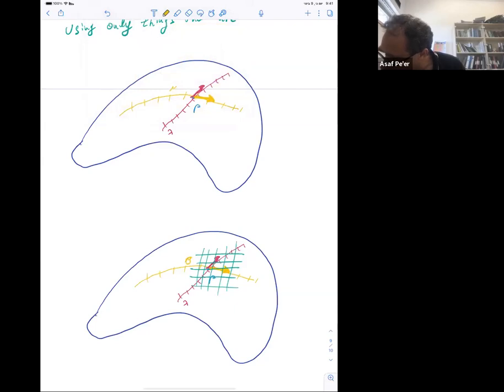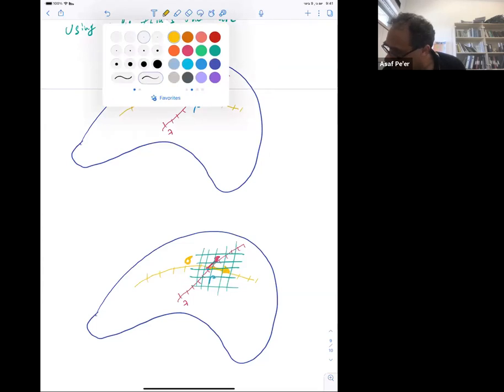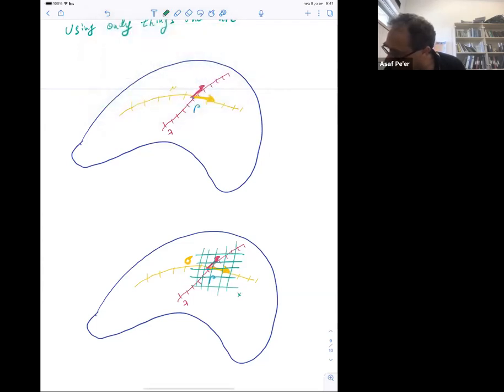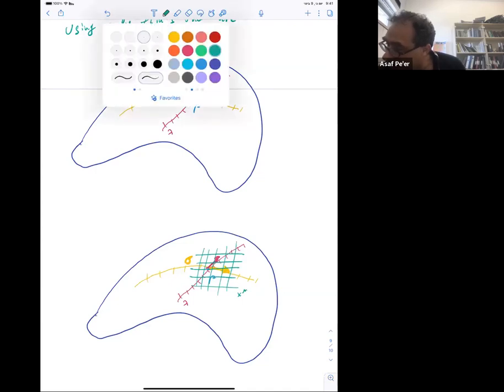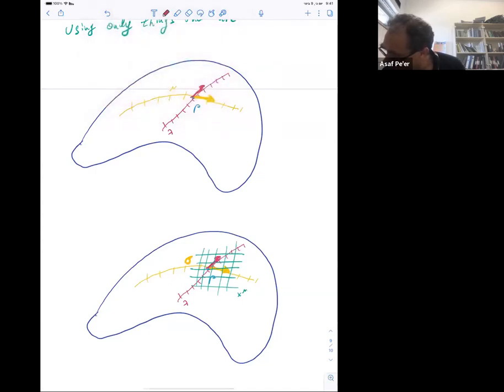Let's call this C. If my coordinates are called x mu, then the curve is just going to give me a set of numbers, dx mu over d lambda: how the coordinates that I put change along the path that I take, lambda in this case, at that point P, where lambda is the parameter that specifies the curve.